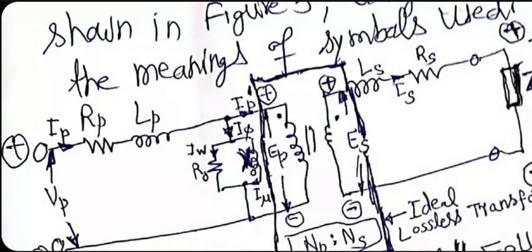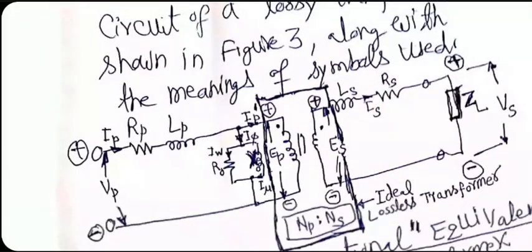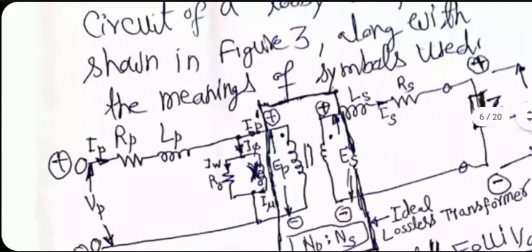This has two components. R0 is the core loss resistance, which captures the heat generated in the core. And X0 is the magnetizing reactance in the core, which helps in mutual coupling between primary and secondary.